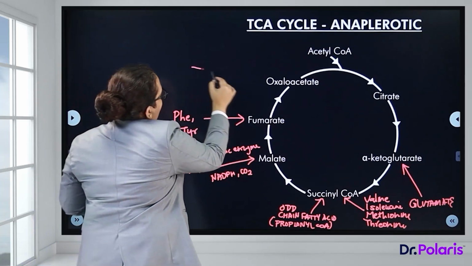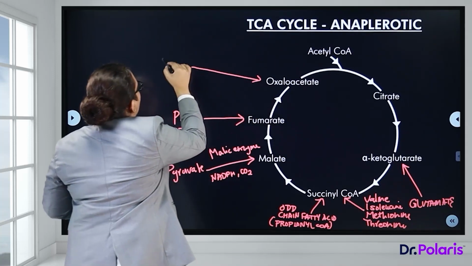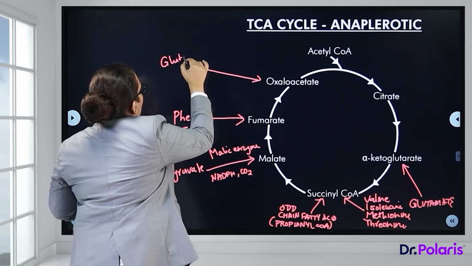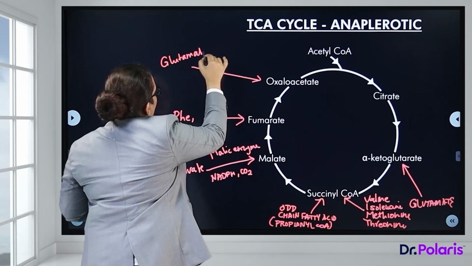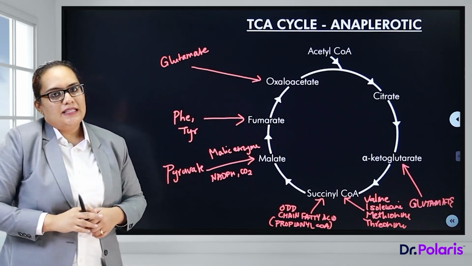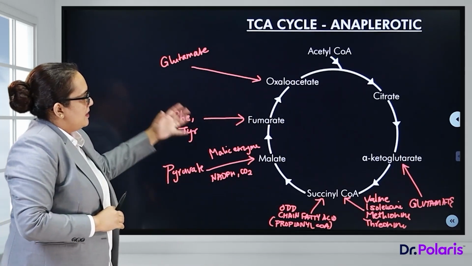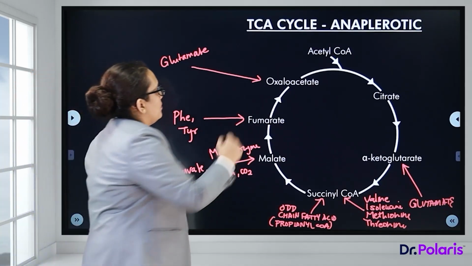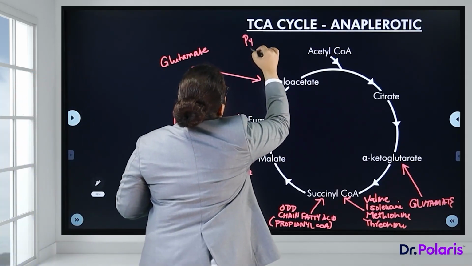And last but not the least, we have oxaloacetate, which can be filled up by the conversion of glutamate to oxaloacetate through the process of transamination. And yes, there's one more also, I missed out on one more.